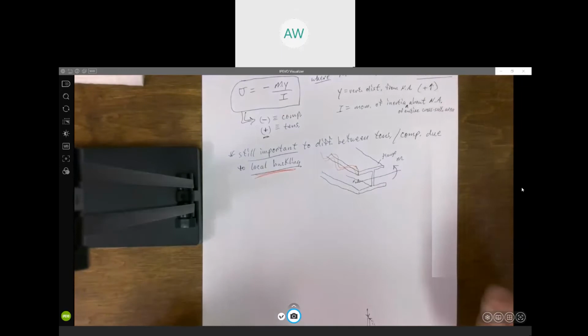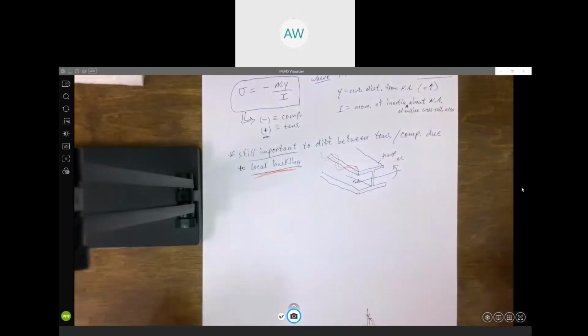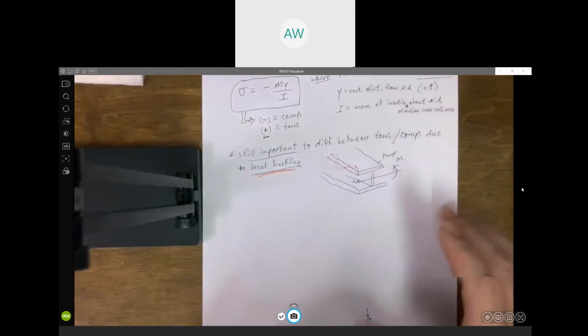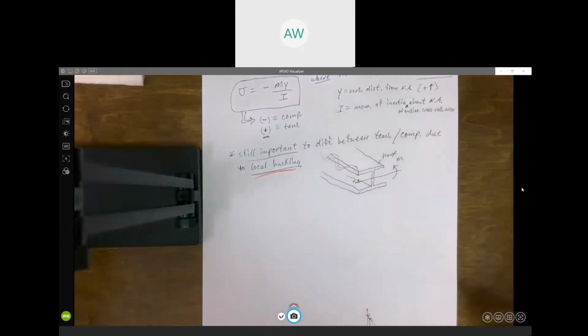But we don't cover it in this class, in order to determine, is it going to do this or are we going to have local buckling? But I wanted to point that out just so you know why, if you bend something, it's still important to differentiate tension and compression, because somewhere later you might need that.